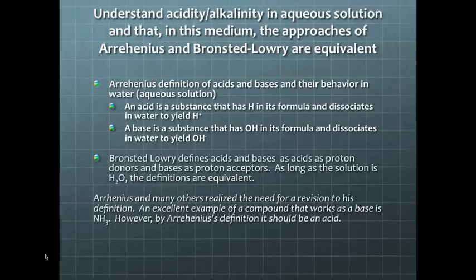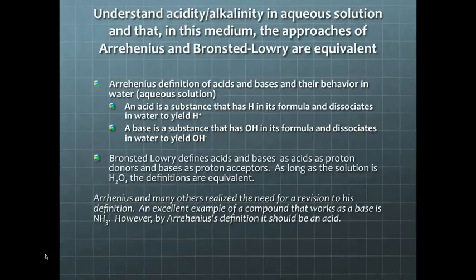Arrhenius says that a base is a substance that has a hydroxide or an OH in its formula and dissociates in water to yield OH-. Bronsted-Lowry defines acids and bases as proton donors and proton acceptors. As long as the solution is water, the Arrhenius definition and the Bronsted-Lowry definition are the same. They're equivalent.